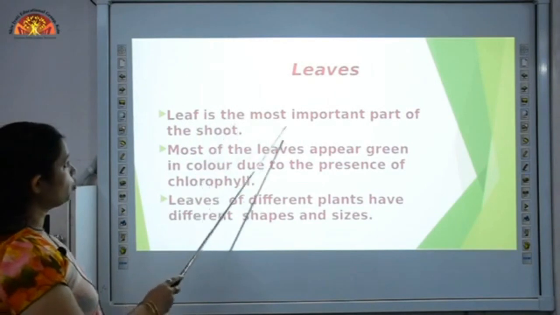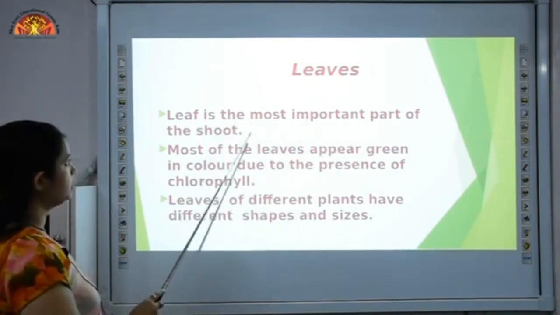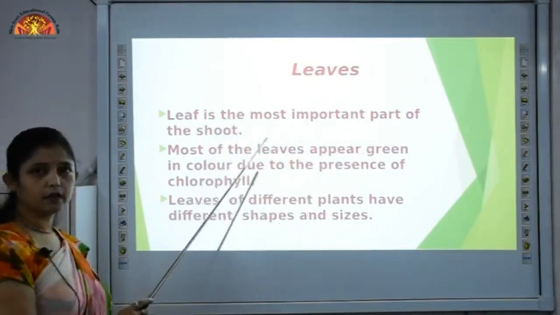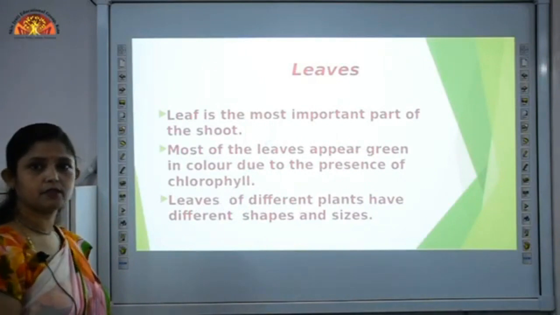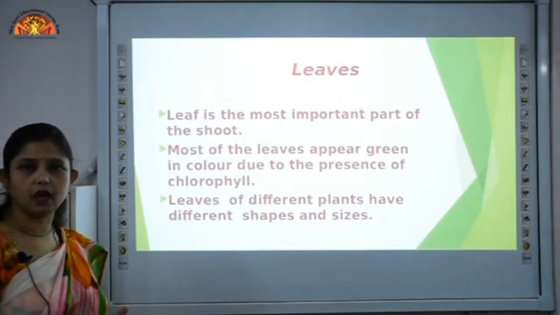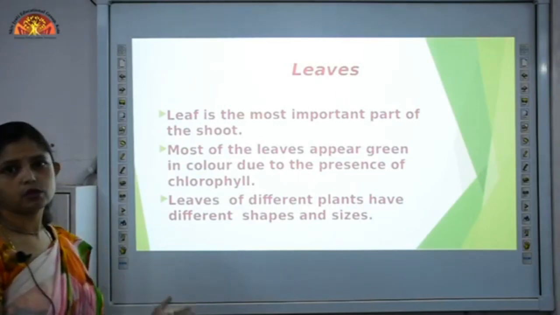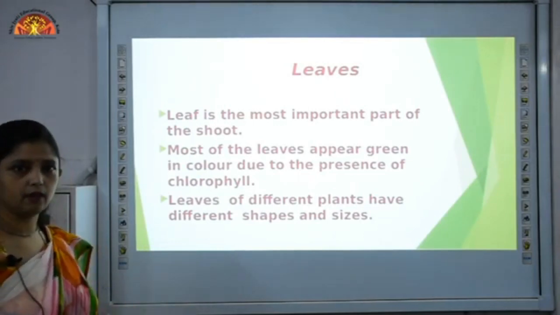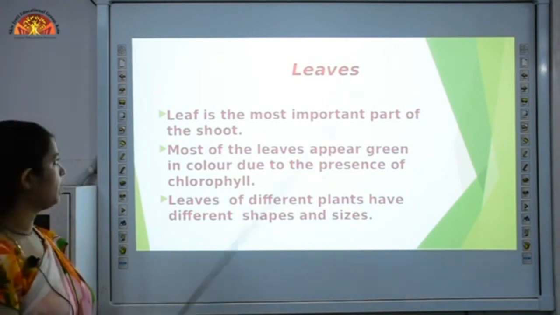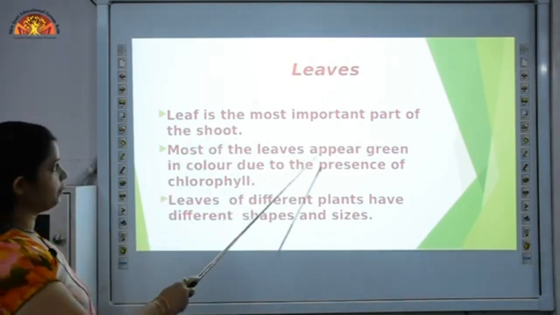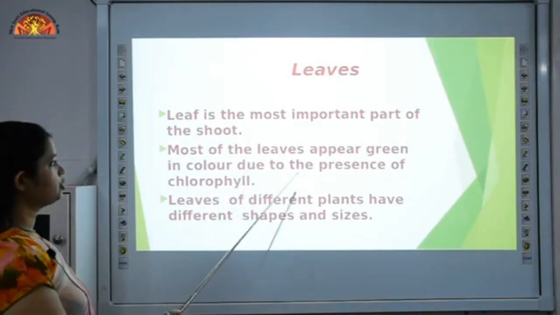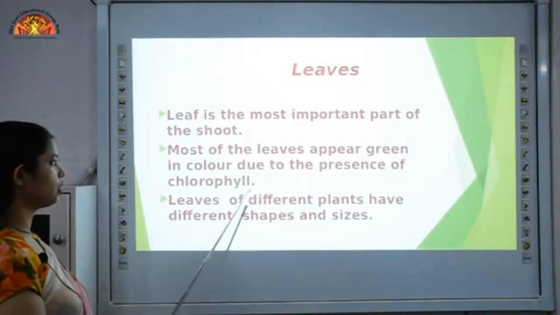Leaf is the most important part of the shoot. As we have already discussed, the shoot possesses different parts like leaves, flowers, buds, fruits, etc. So leaves are also born on the shoot part of the plant. Most of the leaves appear green in color due to the presence of chlorophyll.